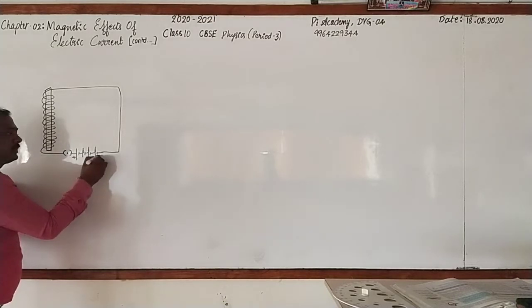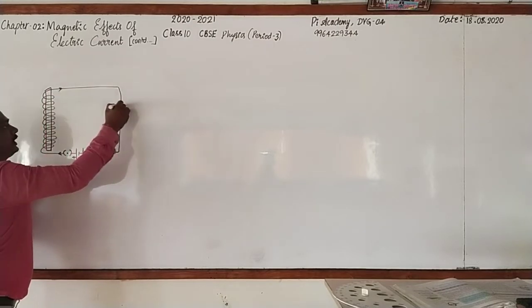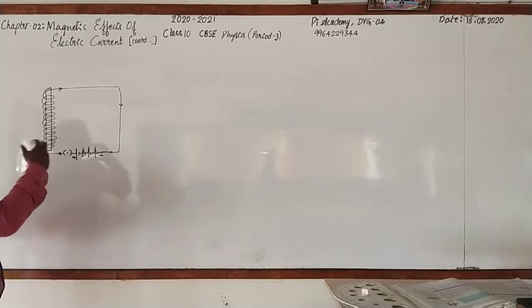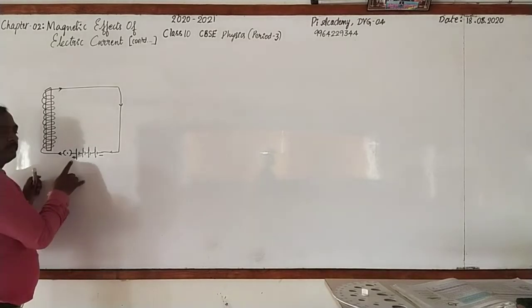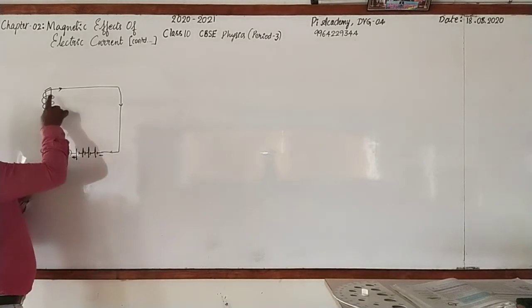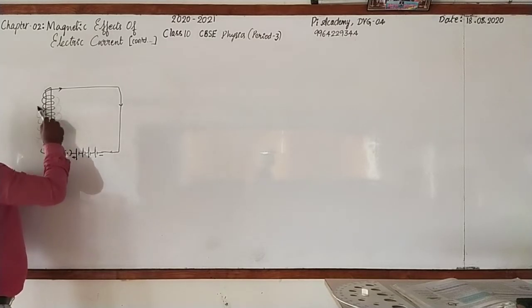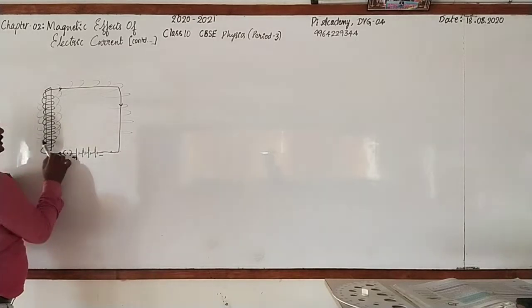Then what happens? Current starts flowing from the positive terminal to the negative terminal. Then what happens around the conductor, around this copper wire? No doubt, a magnetic field is developed according to the magnetic effect of electric current, which was given by Hans Christian Ørsted, right? When the electric current flows through the conductor, a magnetic field is developed around it. So here the magnetic field is developed.